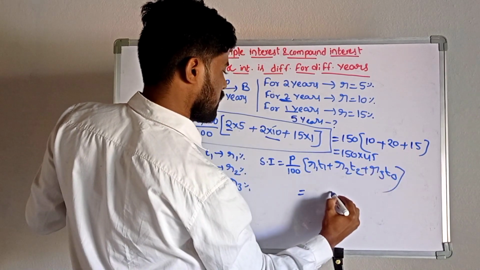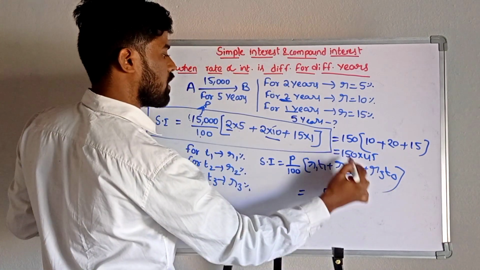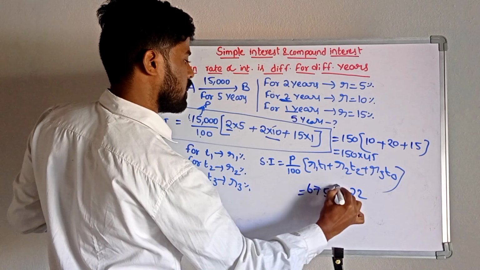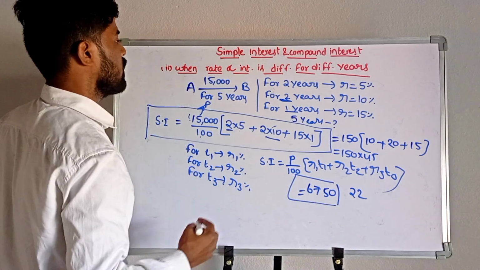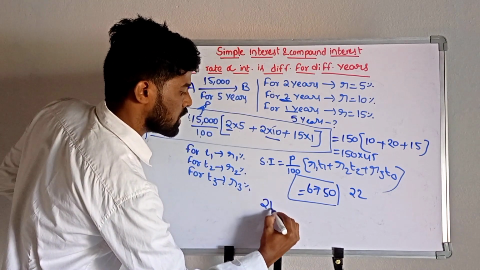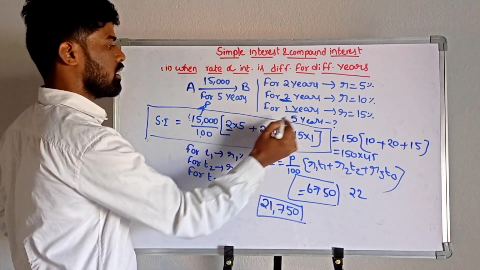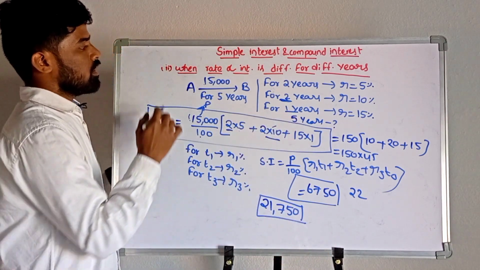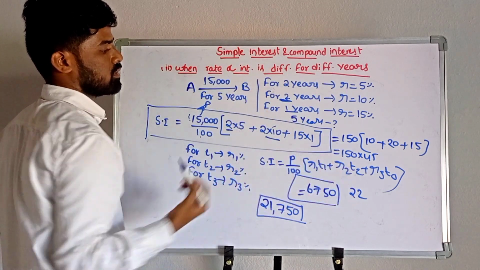That is 45 into 5, 225. 45 into 1, 45 plus 225, 6750. Simple interest at the end of 5 years is 6,750. We have to calculate amount, that is 15,000 plus 6,750, which is 21,750. This is the amount at the end of 5 years. When rate of interest is different for different years, we can use this formula.